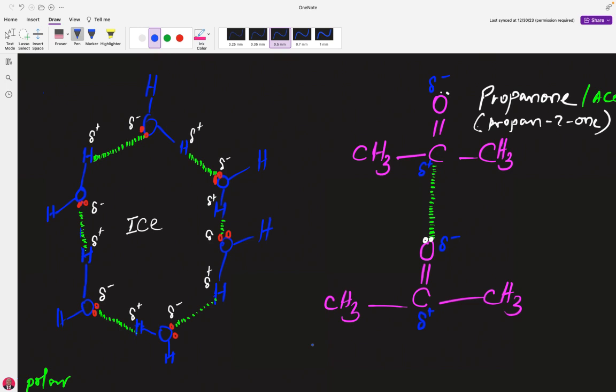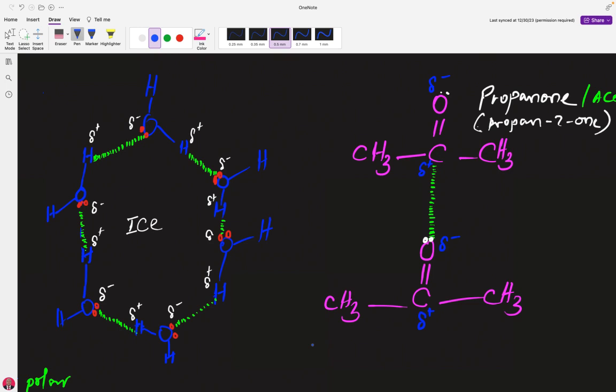Then all atoms around the central atom are not the same, because if they are the same, like in the case of methane, they will cancel each other. So for a compound to be polar, there must be a wide range in the dipole moment, that's the electronegativity, the central atom must have at least one lone pair of electrons, and all atoms around the central atom are not the same.